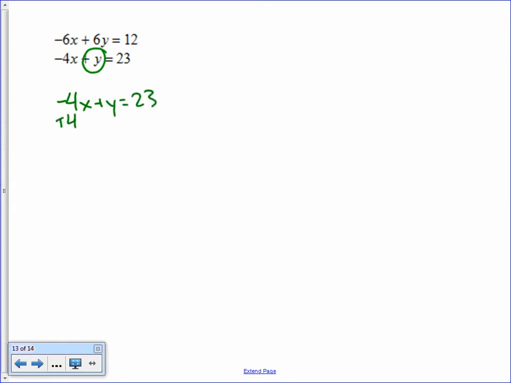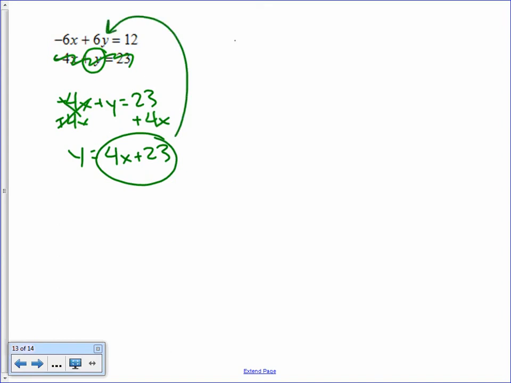So we need to add 4x on both sides. So y will equal 4x plus 23. So I'll scribble that guy out. Plug this right here in for y in the other equation. So we have negative 6x plus 6, and then those parentheses, and then that 4x plus 23 goes there.